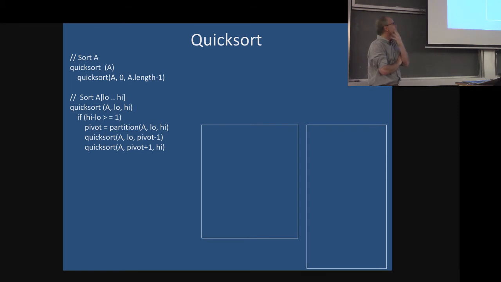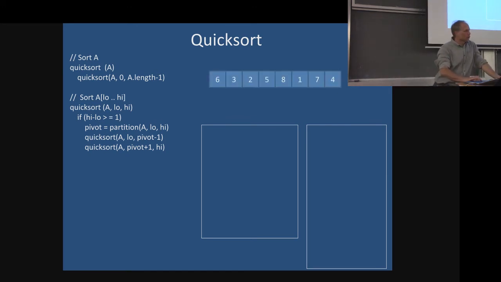Because the output of quicksort is a call to quicksort. We make the second recursive call. It returns, and then what do we do? We're done. We return. So that is a tail recursive call, and it could be replaced with a loop.